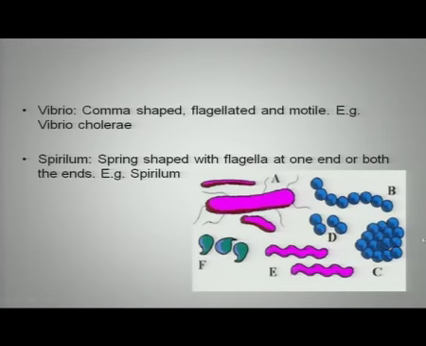Seen in groups, Staphylococcus. Rod shaped bacteria, Bacillus. Then the spring shaped spirillum, and the comma shaped one, Vibrio. So these are the different types of bacteria based on the shape of the cell.